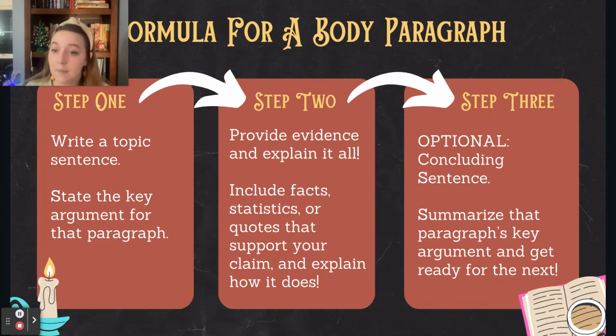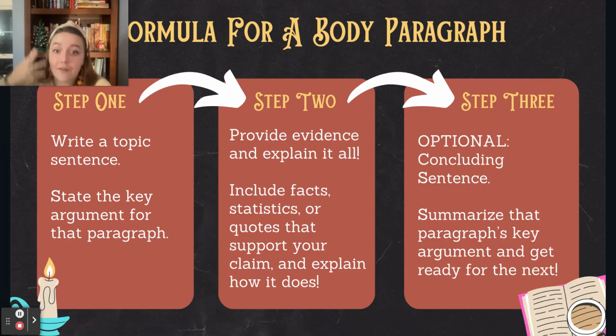So, if I'm writing that mosquitoes should be eradicated because they are gross, they are dirty, and they create disease, my first paragraph is going to restate mosquitoes should be eradicated because they're gross, right? That's my topic sentence. My reader knows what they're going to read about in this paragraph. Step 2 is to provide the evidence and explain all of it.